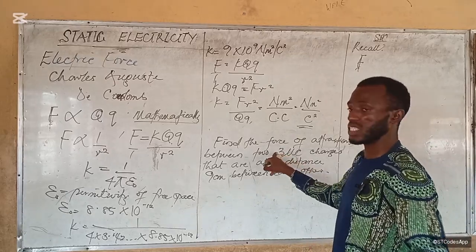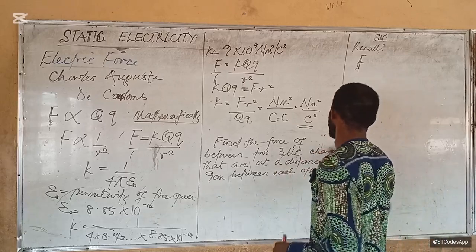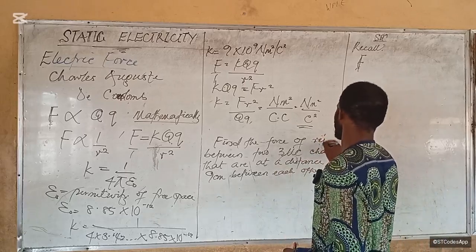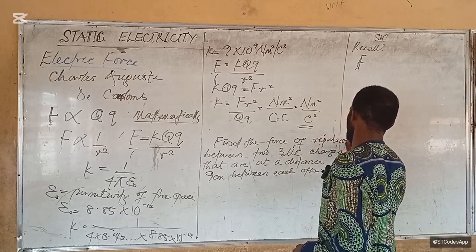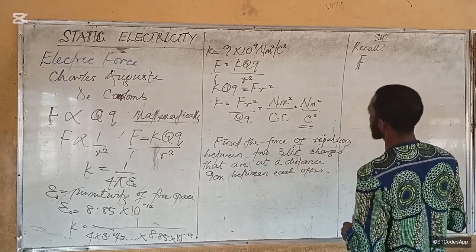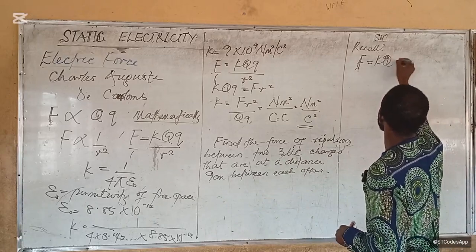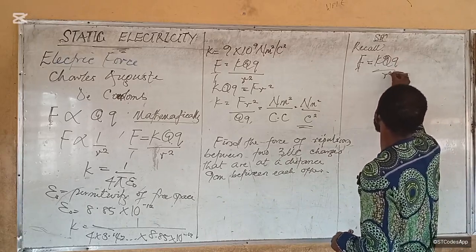But in this case, it is the same charge, so let's turn it to repulsive. The force of repulsion, because it's similar charges, so F will be equal to KQQ over R squared.